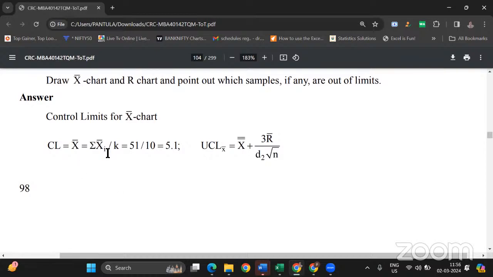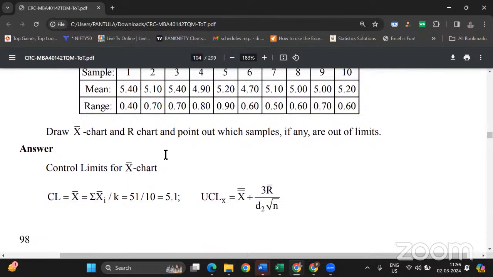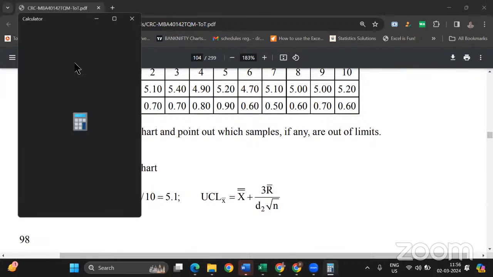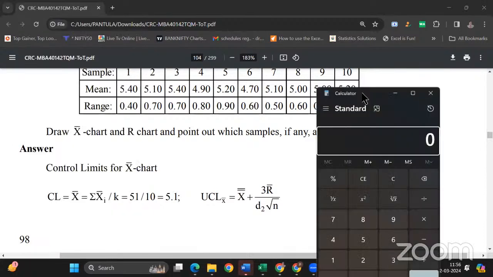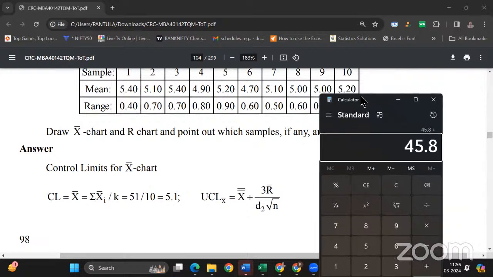So X bar is equals to summation of X bar divided by K. Now here, if you total it, summation of X bar, let me do some calculation here: 5.04 plus 5.1 plus 5.4 plus 4.9 plus 5.2 plus 4.7 plus 5.1 plus 5 plus, there are two more components, 5 again, plus 5.2.